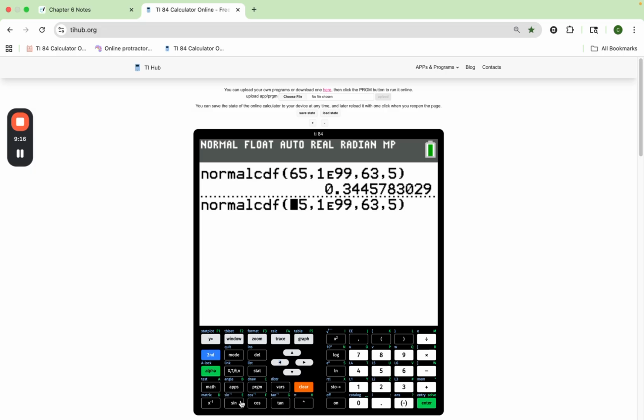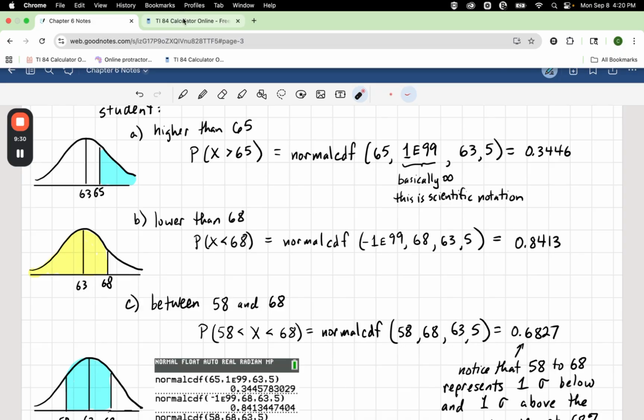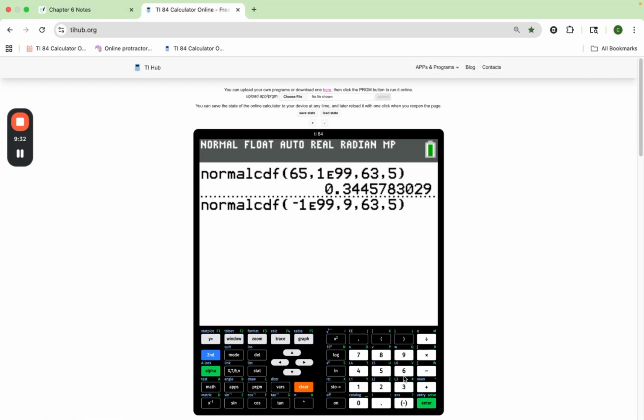So I'm going to go negative 1, second E99, comma, and I think it's less than a 68, was it? Less than a 68. So the 63 and the 5 are going to stay the same. So I'm going to go second, insert, and put an 8 there. So that's x less than 68.